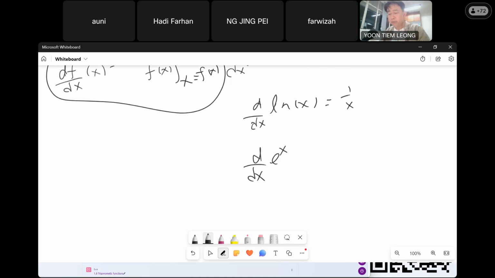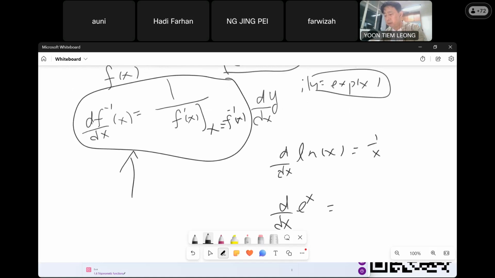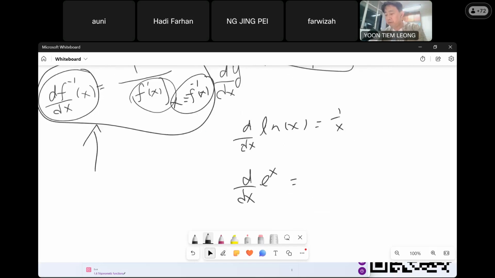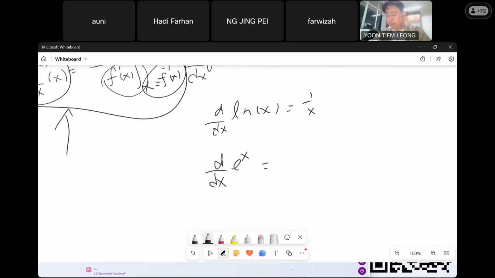Okay, so you can always use these relationships to calculate the derivative of the inverse of a function if you know the derivative of the original function. But the trick here is that you have to evaluate the x in the derivative of the function at the inverse of the function.